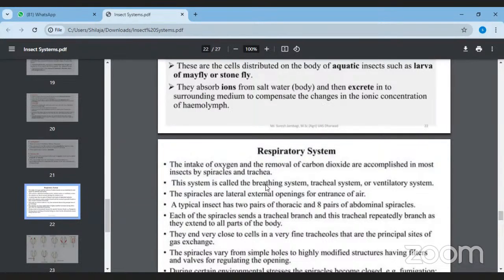And coming to active ventilation: in larger and more active insects, passive ventilation does not bring an adequate amount of oxygen to the tissues.